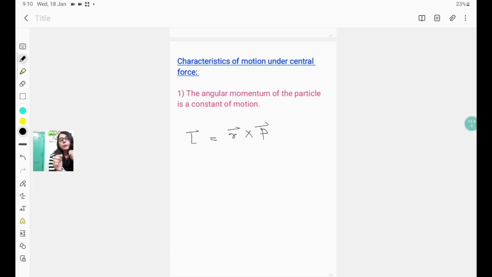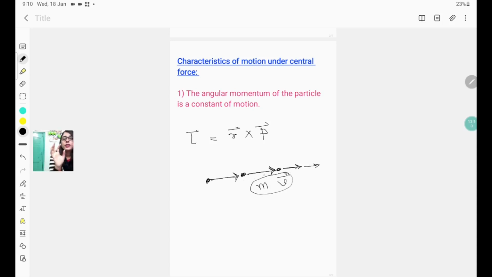If the particle is just translating along this line with velocity v and mass m, then the linear momentum will be mv. But as the particle is in just translational motion along this line, there is no rotation and no angular momentum at all.